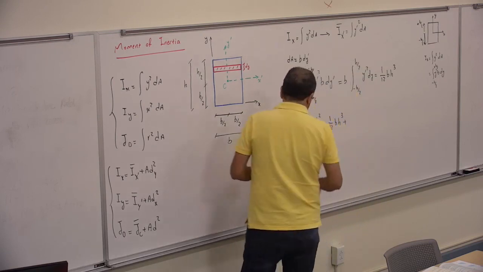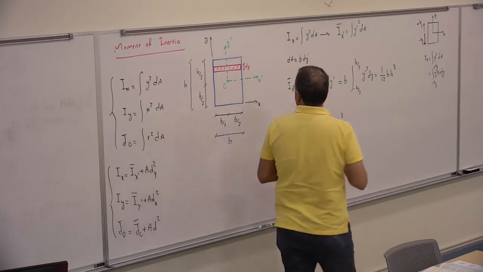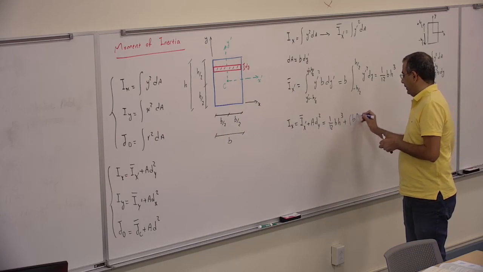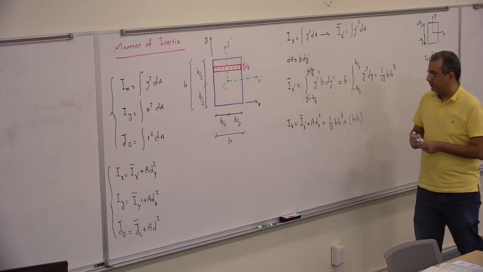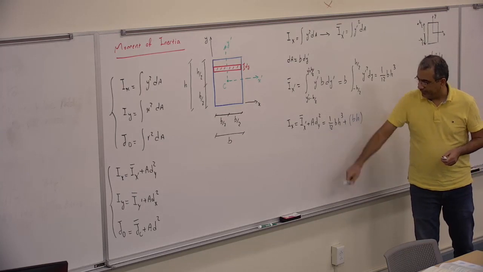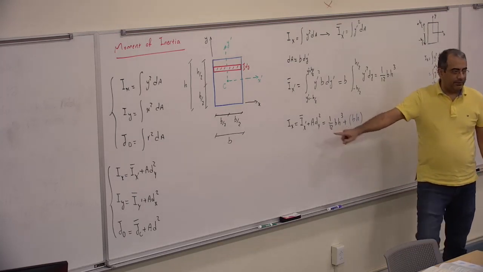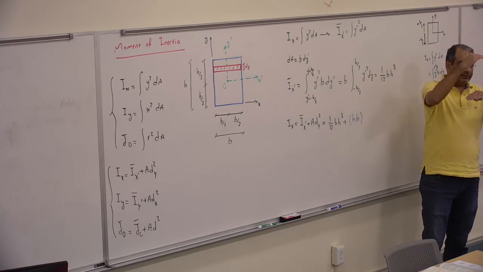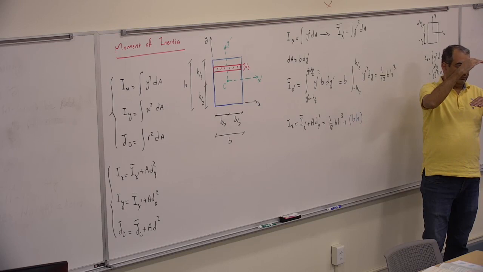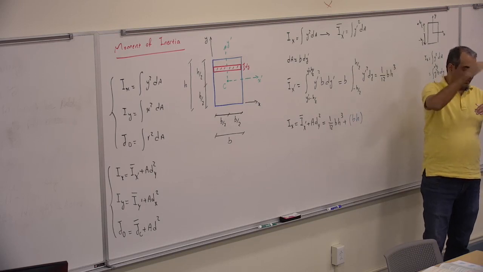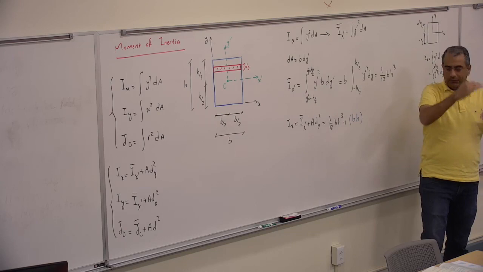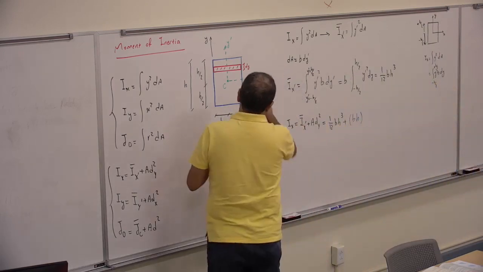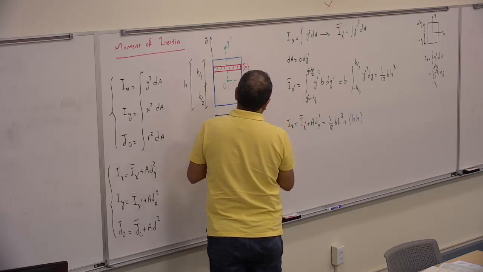The area is just b times h, so that's bh. And d is always the distance between the two axes, the axis we know about to the axis we want to find about. Here we know it about the x prime, and we want to find it about the x.